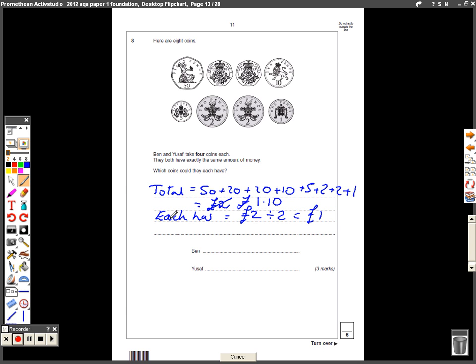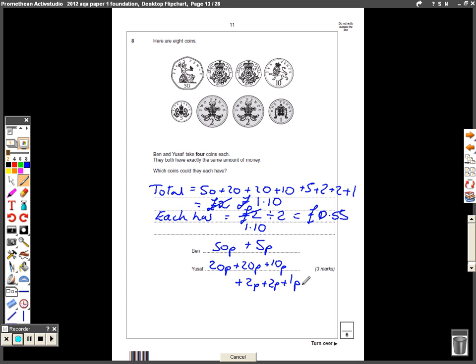That means that each of them must have £1 10 divided by 2, which is 55p. So Ben could have the 50p and the 5p. So that means that Yusuf would have all the rest, which is 20p, add 20p, add 10p, add 2p, add 2p, add 1p.